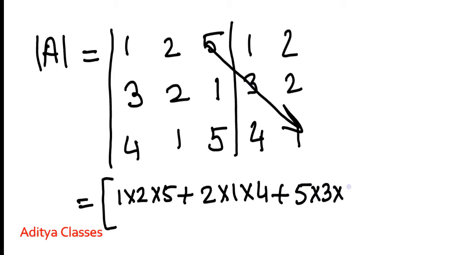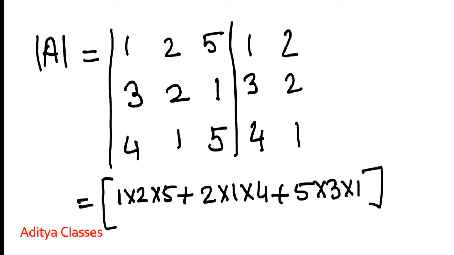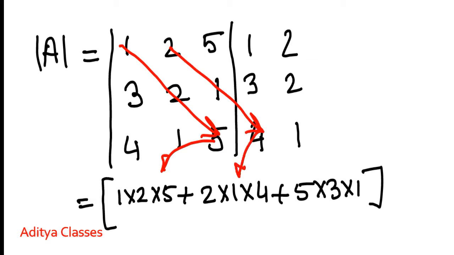Plus the third diagonal, 5 multiplied by 3 multiplied by 1.